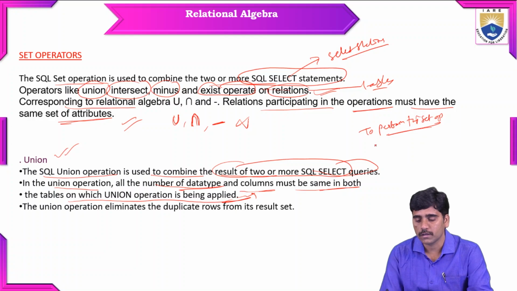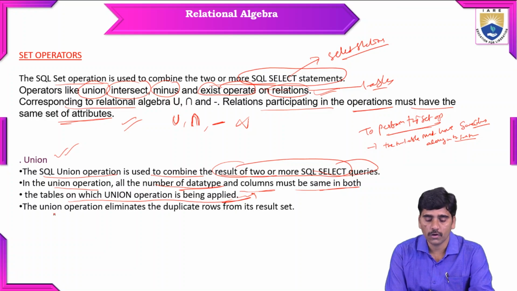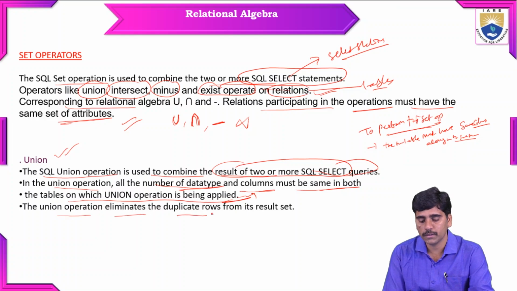To perform these set operations, what is the constraint? The two tables must have the same columns, along with the same size also. The union operation eliminates the duplicate rows from its result set.